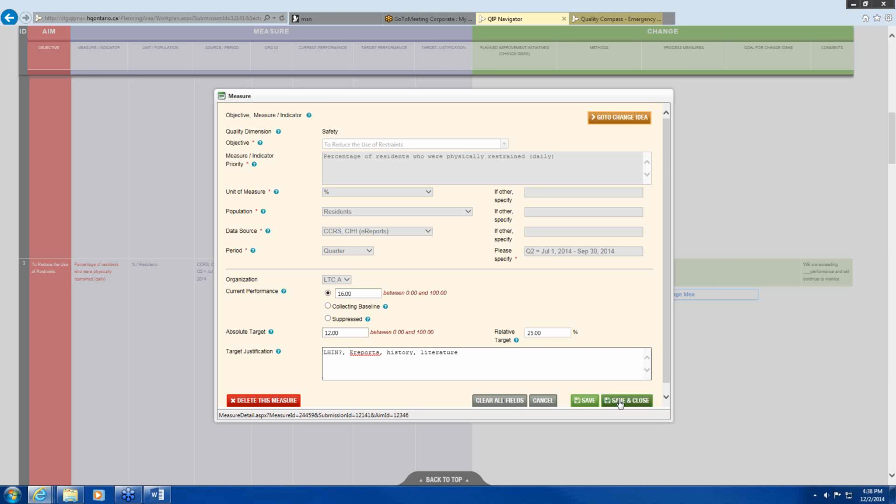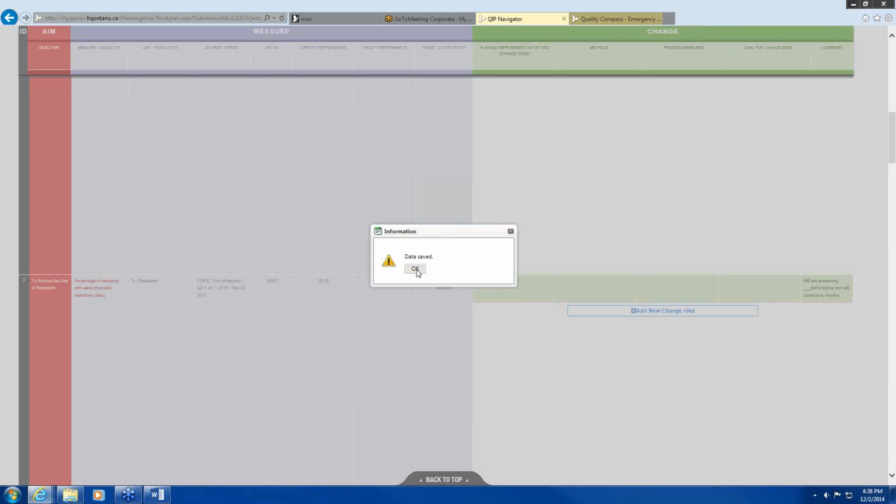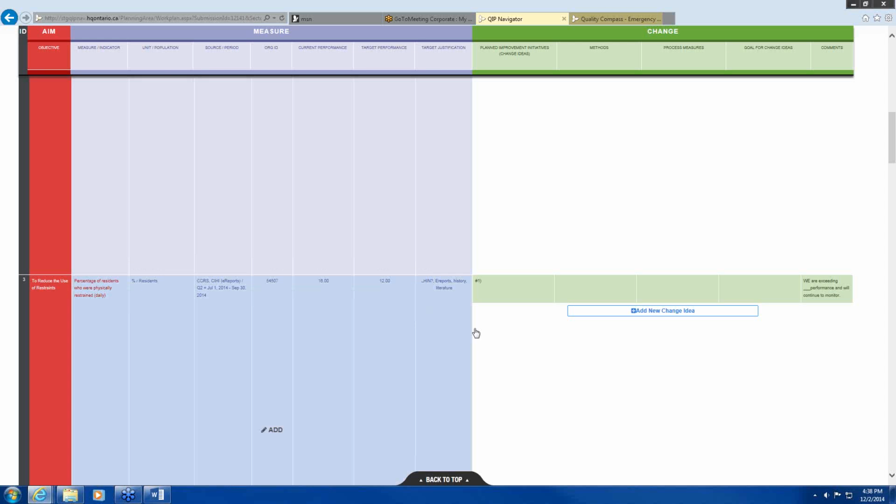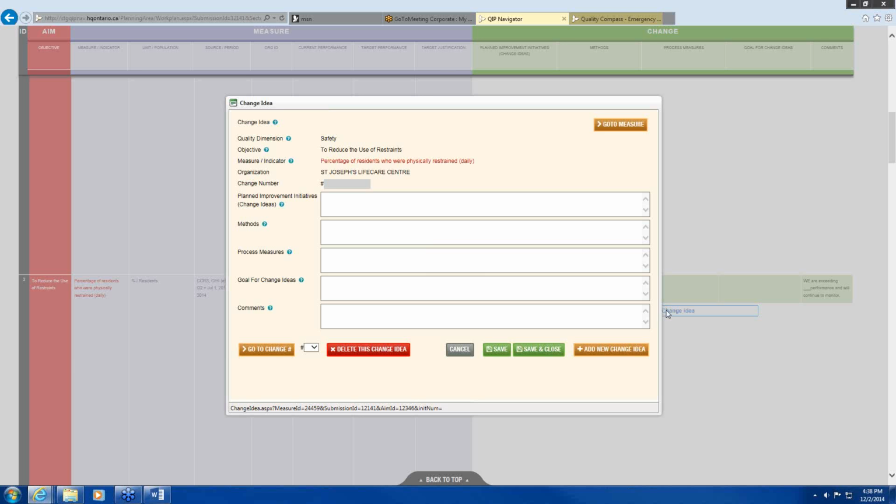I will save that. All right. And then you're planning to work on this to do the improvement. Tip, you cannot write in this change idea 1. It will populate after you save and close it. I spent some time trying to figure that out.